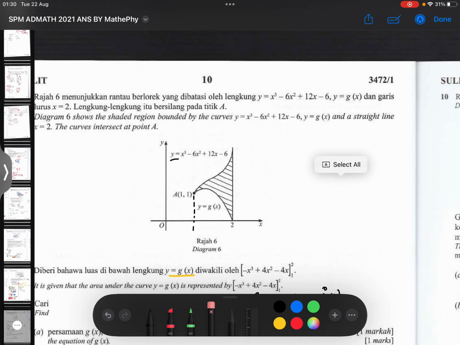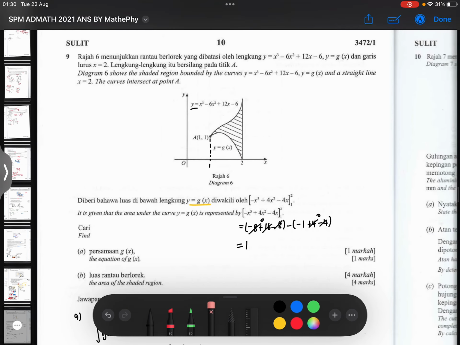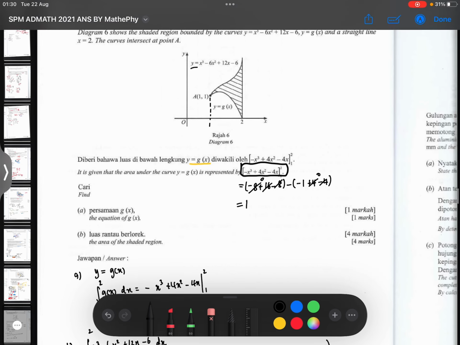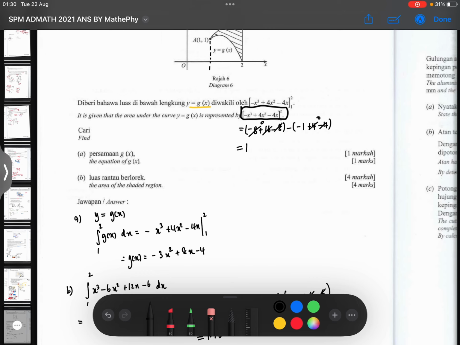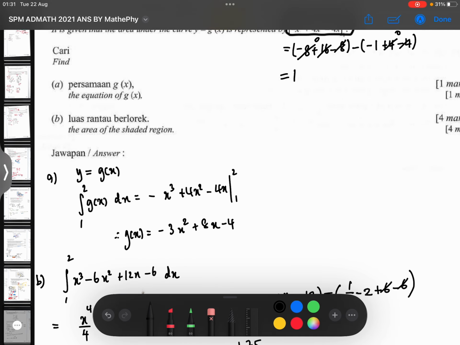So it is given that the area under the curve y equals to g(x) is represented by this. So the question already helped you to integrate, and then you need to get the equation of g(x). So what you need to do is just differentiate it back. Okay, so differentiate it back, you get this.